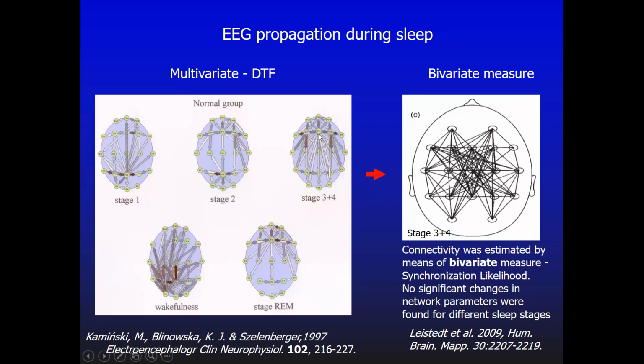The propagation is mainly from FZ, and FZ is an electrode which is located exactly above the so-called corpus callosum. And the corpus callosum is a structure wherefrom all the main neural tracts are propagating forward and backward.